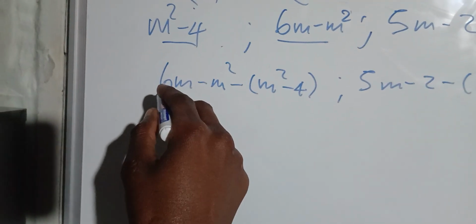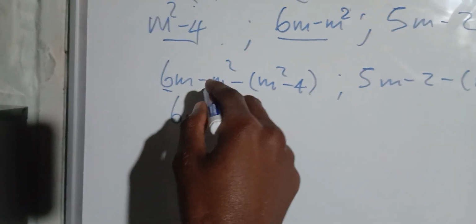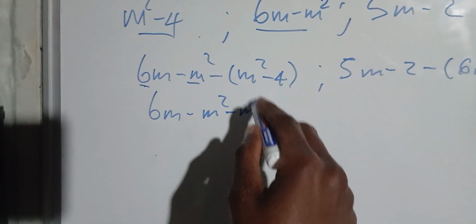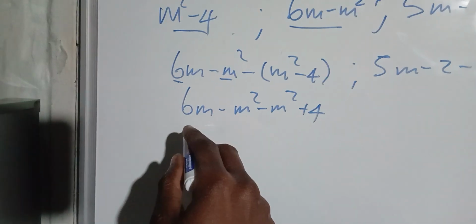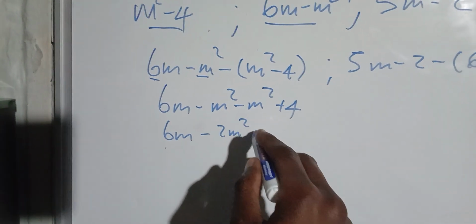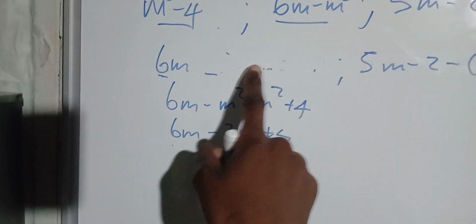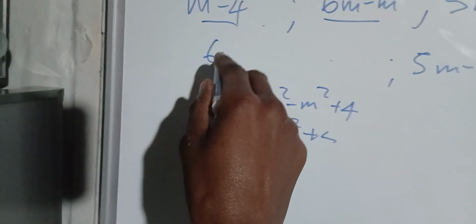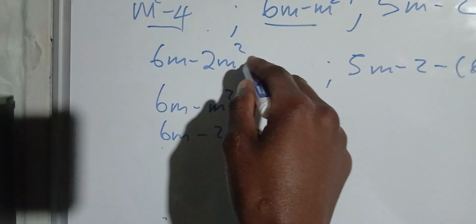When I distribute the minus, I'm going to have 6m minus m squared minus m squared plus 4. So this is going to end up being 6m minus 2m squared plus 4. So I'm going to write it here: 6m minus 2m squared plus 4.